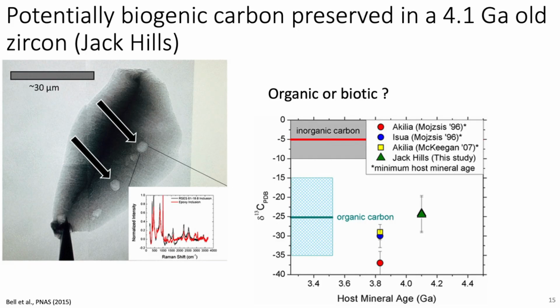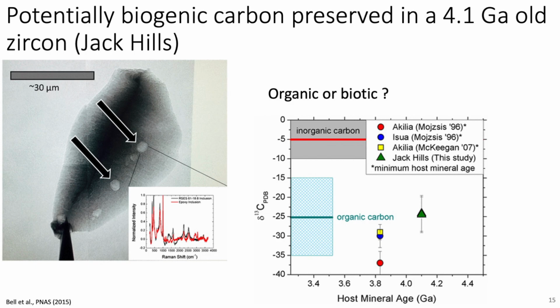Life doesn't like the heavy carbon at all. It strongly prefers the light one, carbon-12, the light isotope. So the organic processes also tend to be negative. The inorganic carbon, like carbonates and other carbon-bearing minerals, will be enriched in the heavy isotope, or less depleted in it if you want.